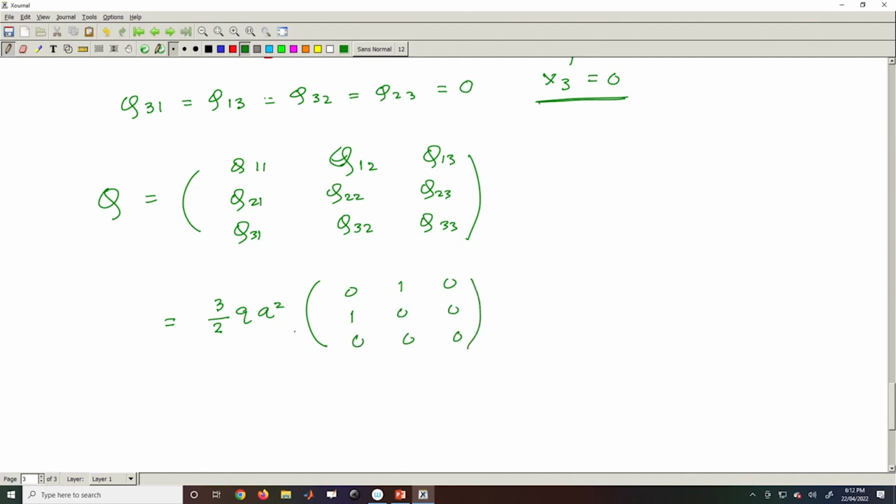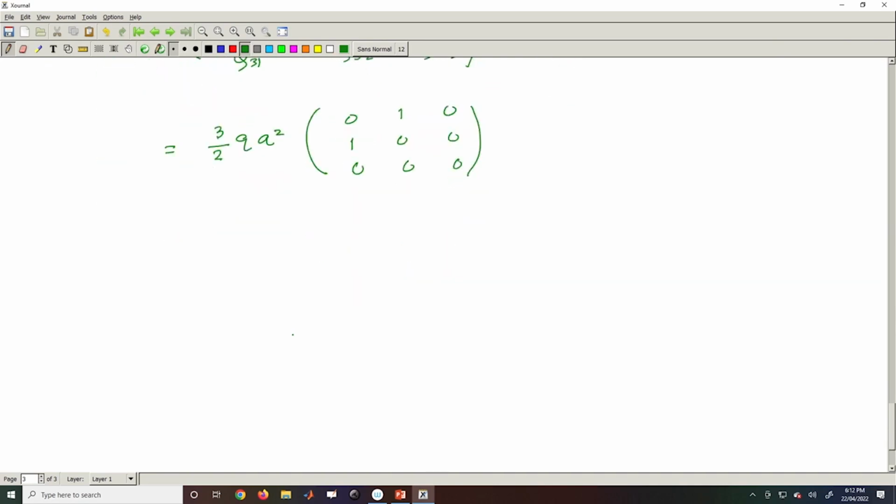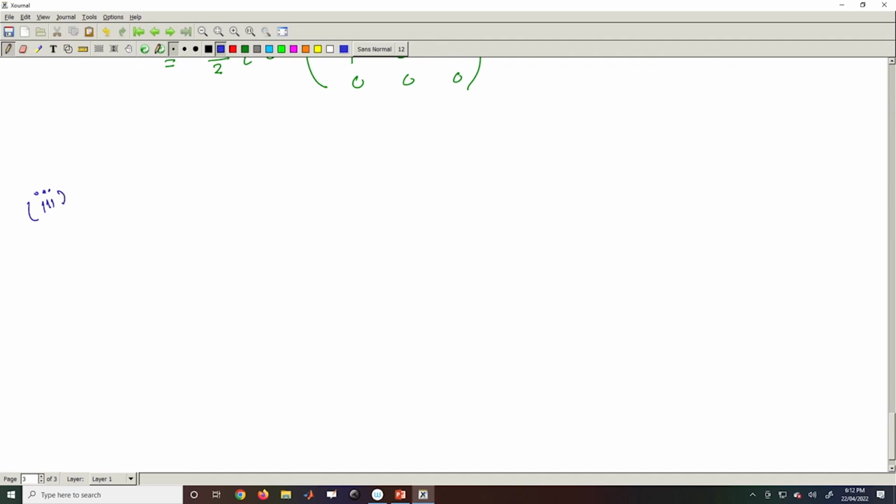Now, the third part is what is the value of the potential. That was the third problem. So, let me do it here as well. So, phi 3, that is the potential contribution of the quadrupole.